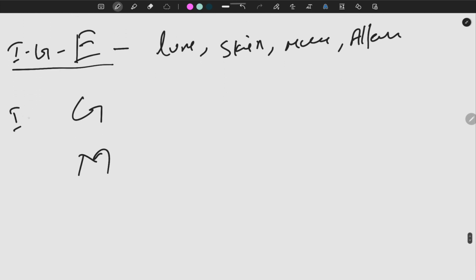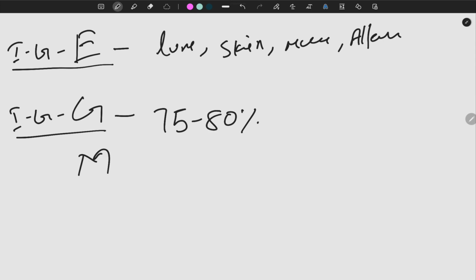The next important one is IgG. IgG is present at 75 to 80%, so it is called the most abundant antibody in the body. These are very important to fight against bacterial and viral infections.